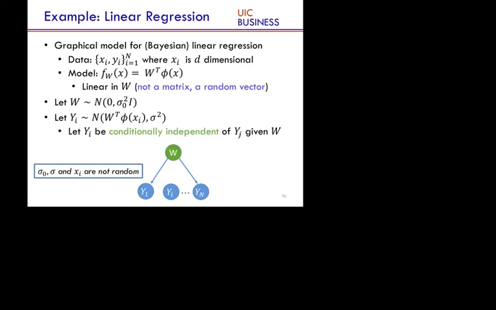And how many nodes are there? As many as the number of examples. Because w determines y, right? There's a functional relationship here. That's why I've put an edge there. So this would be a directed graph representation for this specification of my problem.